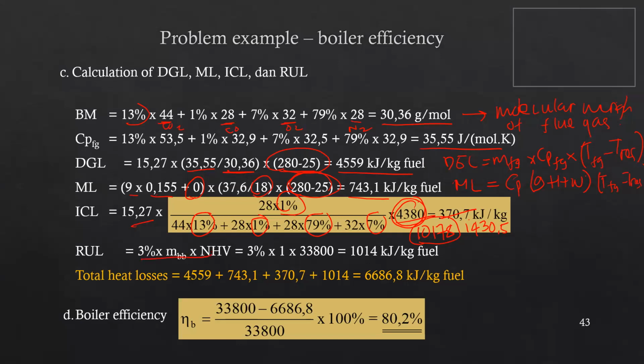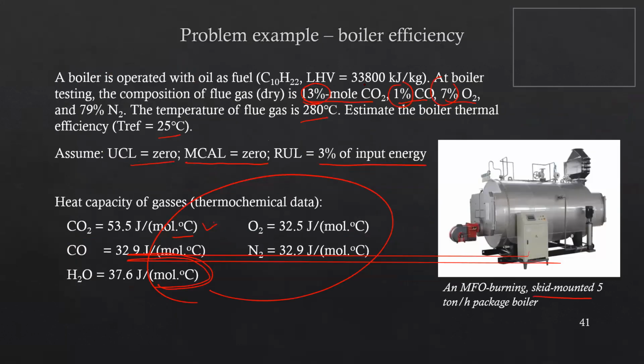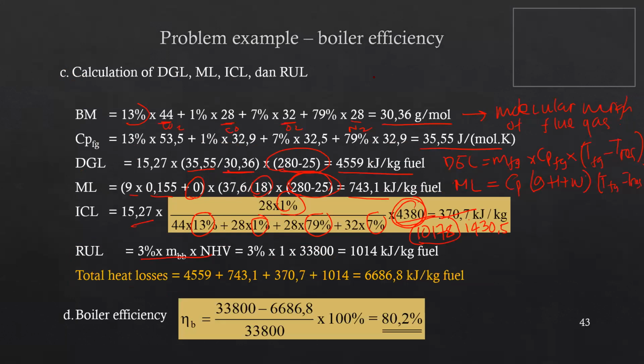So 3% times the mass, multiplied by the LHV, the lower heating value, which is given in the problem as 33,800 kilojoule per kilogram. So we get 1,414 kilojoule per kilogram fuel.